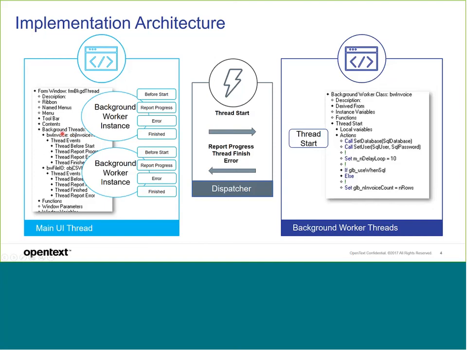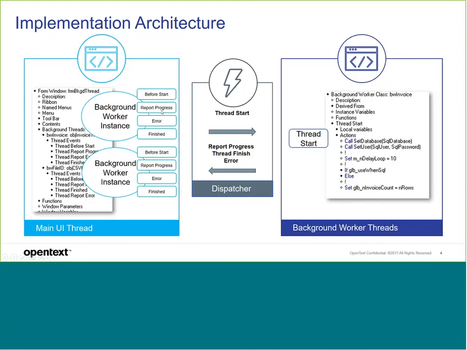Now on the user interface side, you define instances of the thread. In this code, you'll see that there's a new outline item, background threads, and there are two threads defined here, and each of the threads has an event section with four events. There's a thread before start event, a thread report progress event, a report error event, and a thread finished event. So before start, you get an event notification.